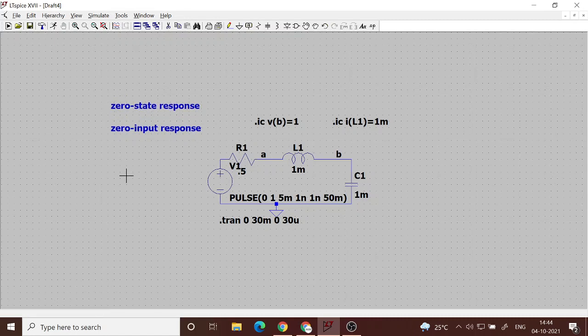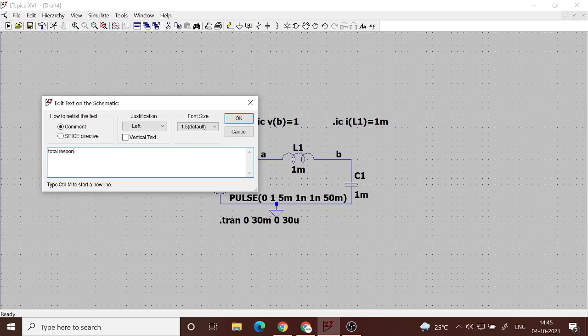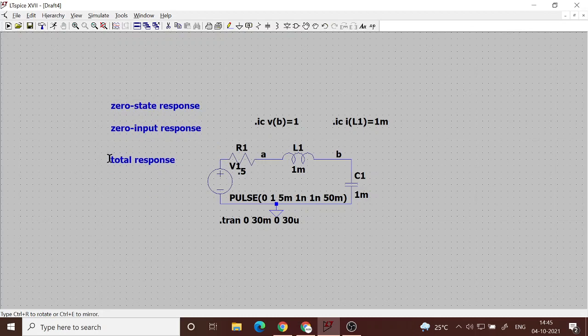That will be my total response. So zero state response, zero input response, and finally I have the total response. These are some labels. They will not be executed. Just for our understanding, we are putting this.